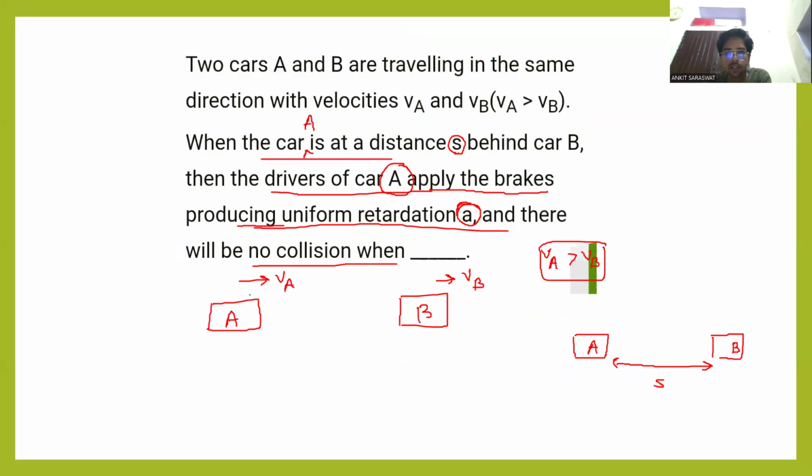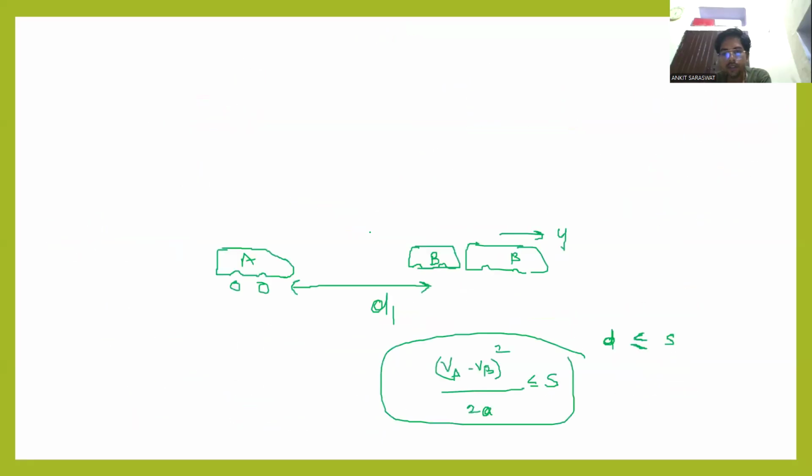This is the condition they are asking: when? So you should write when S is what? The answer is when S is greater than or equal to VA minus VB whole square by 2A. Is it clear? Okay. Thank you so much.